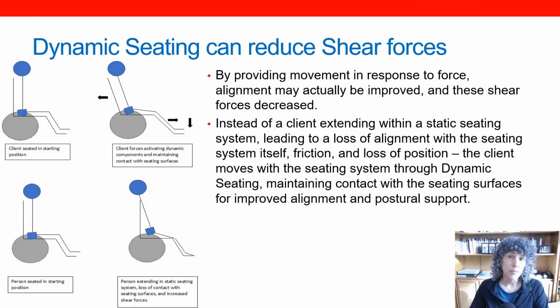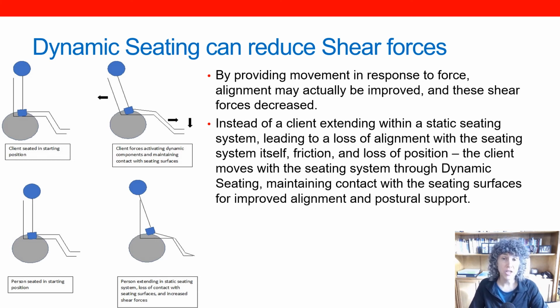Now, a lot of people who benefit from a dynamic back are creating a lot of shear forces in their static system. So if you look at the pictures here below, you can see that as the client extends, they're moving in relation to the support system. That's causing a loss of alignment, it's causing friction, it's causing shear.